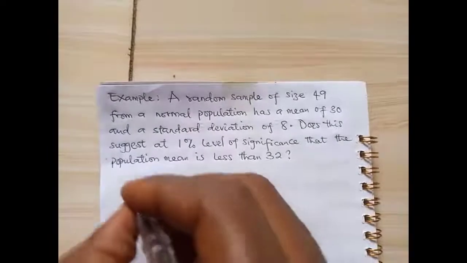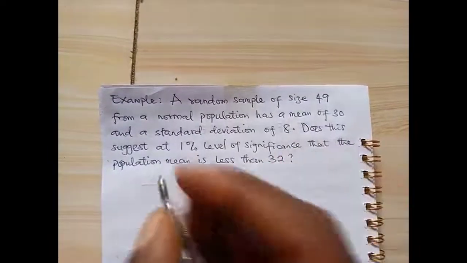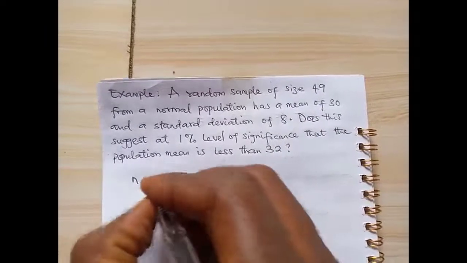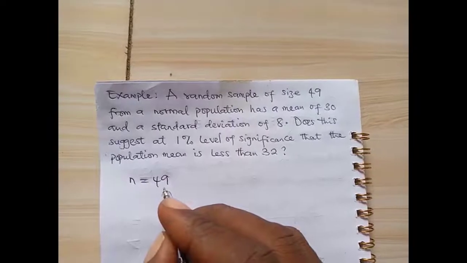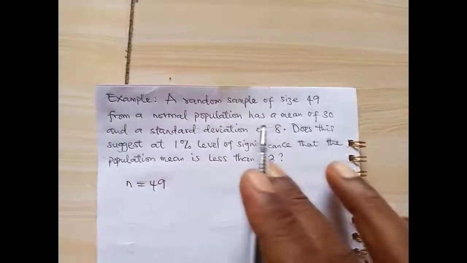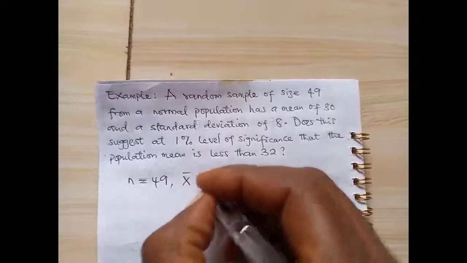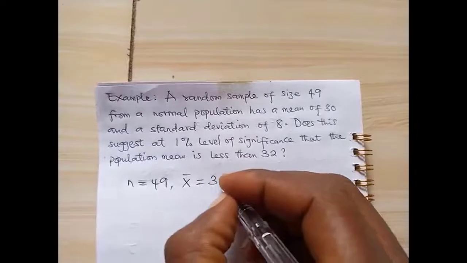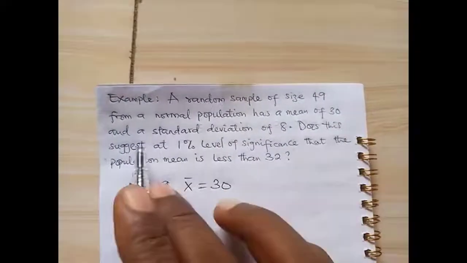Now, normally, it says a random sample of size 49. So sample size n is 49. You can see it's greater than 30. So we're going to use z-test for this question to solve it. Okay, from a normal population has a mean of 30. It means the sample mean x bar is 30. This sample has mean of 30 and a standard deviation.